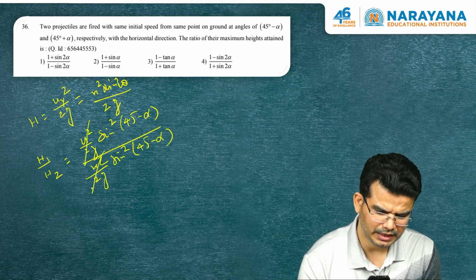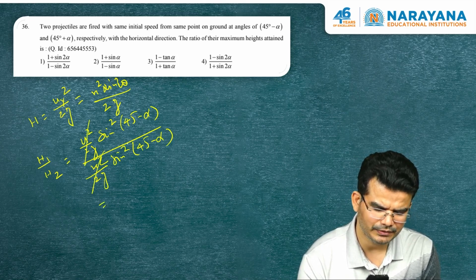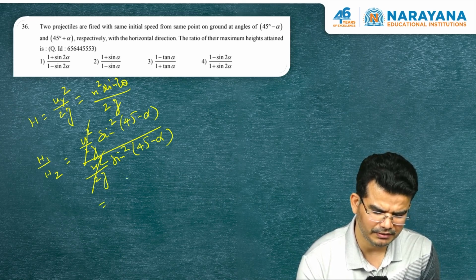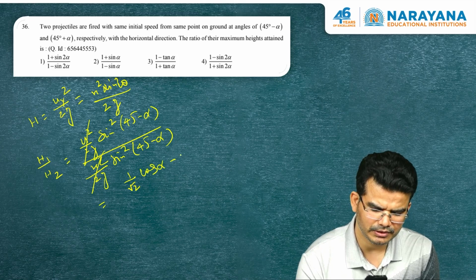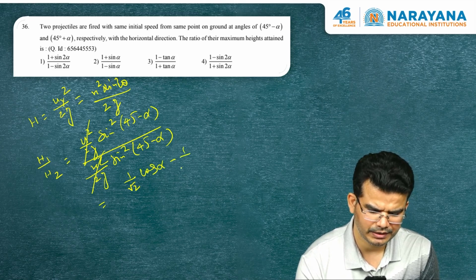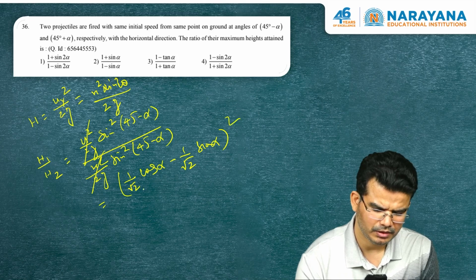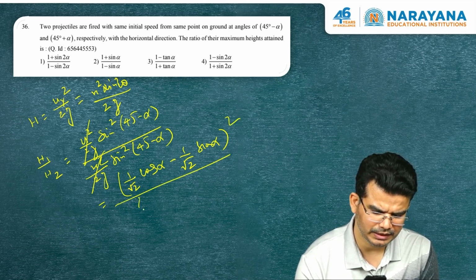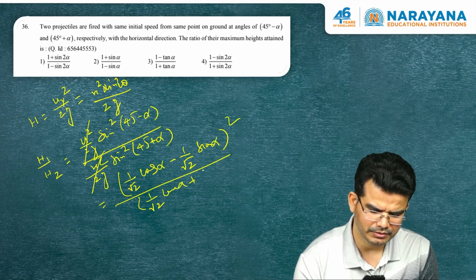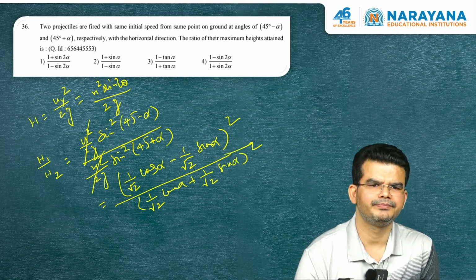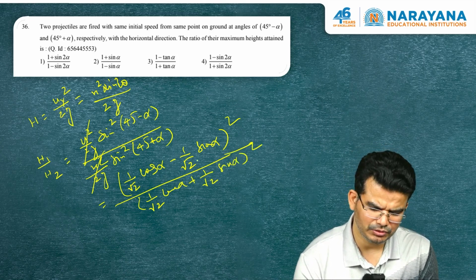Now, little bit hard work we will do. What is sin 45 minus alpha? So, sin 45, 1 by root 2, sin A cos B minus cos A sin B, cos 45 sin alpha, and whole square, upon how much is it? Again it is the same, 1 by root 2 cos alpha, plus sign is there, sorry, cos alpha plus 1 by root 2 sin alpha whole square. Fine, very simple. 1 by root 2 is everywhere cancelled.